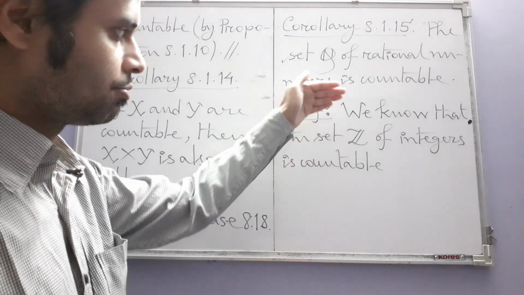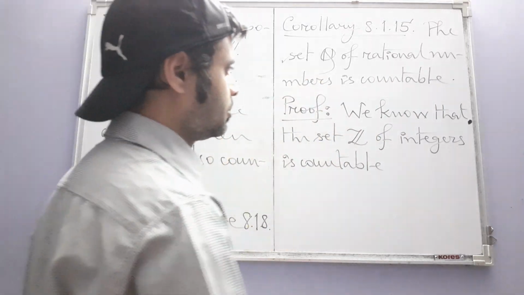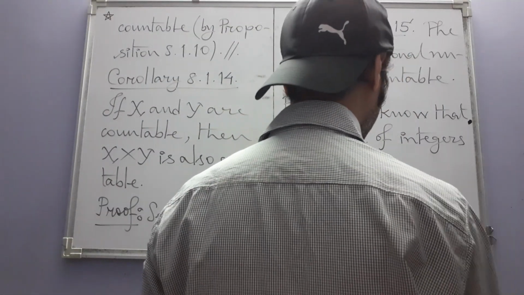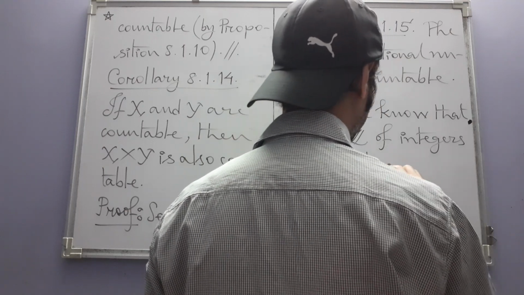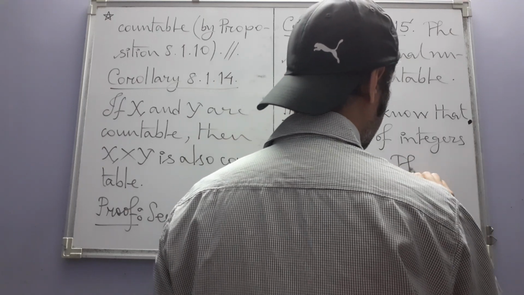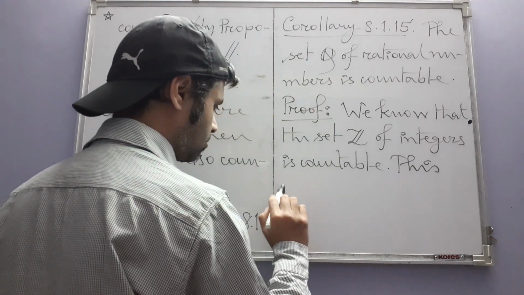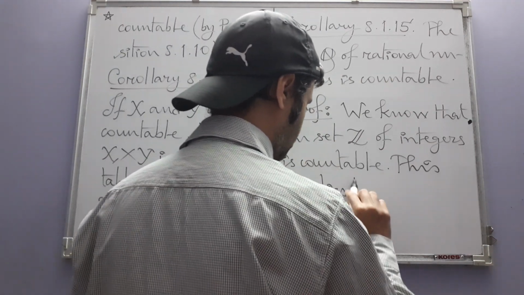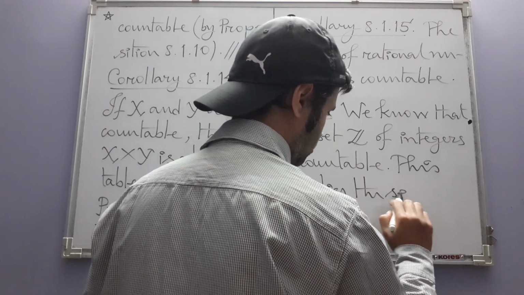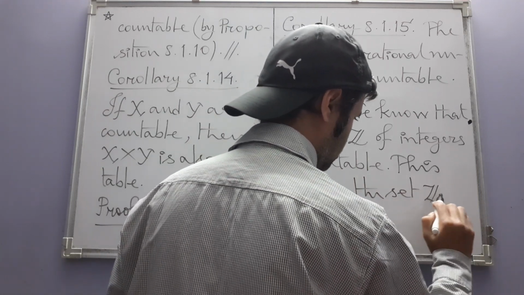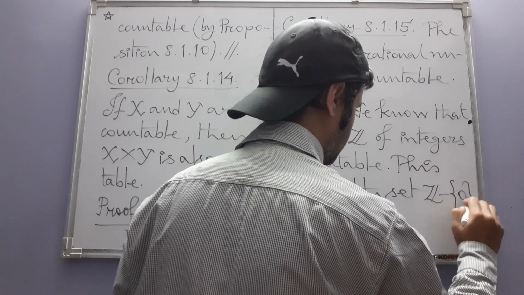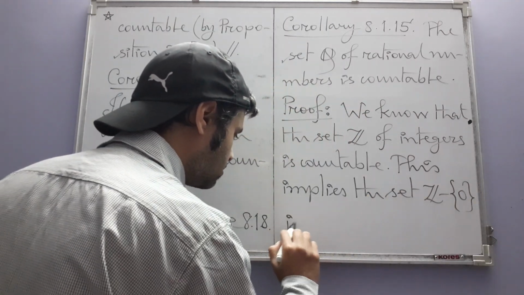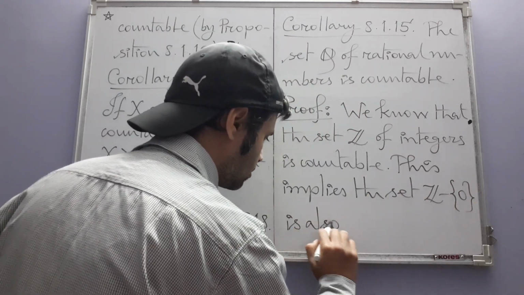You understand where we are getting this from. So we know that the set Z of integers is countable. This implies this set is also countable.